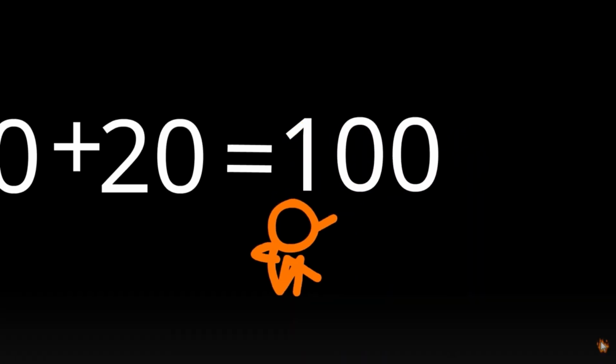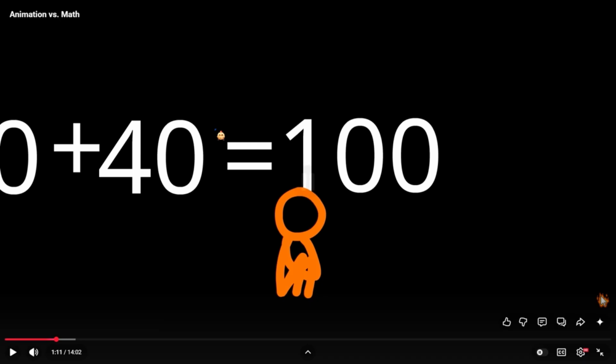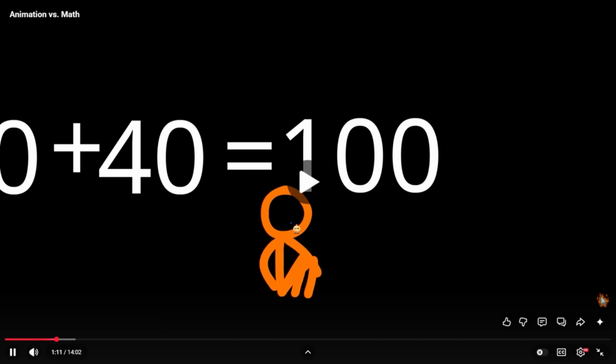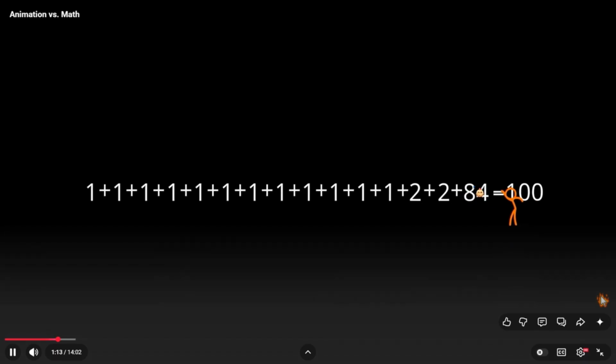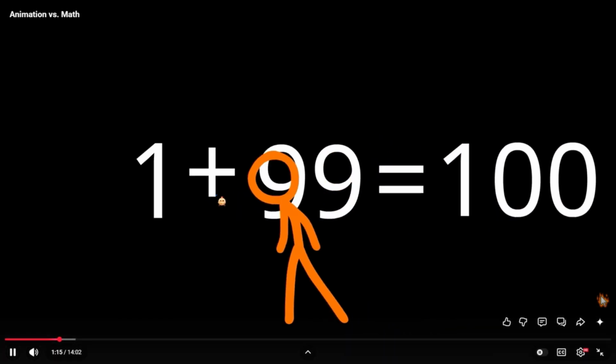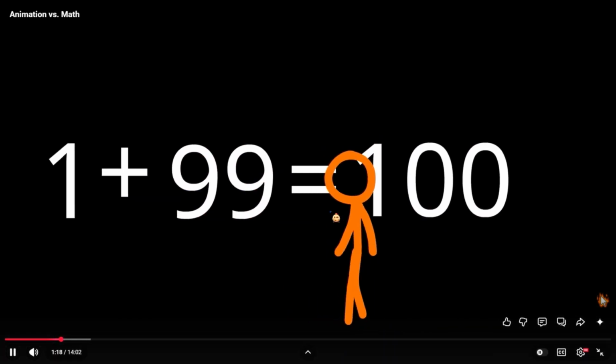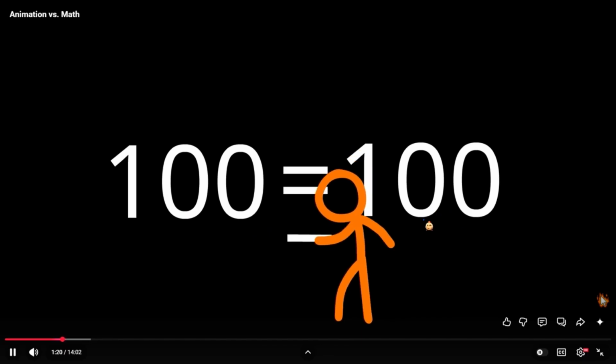What happened? He spun the equal sign and it simplified 20 plus 20 to 40. So he's shocked, and then again, it simplifies to that. Then he grabs the plus sign.